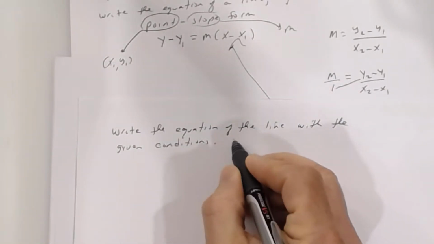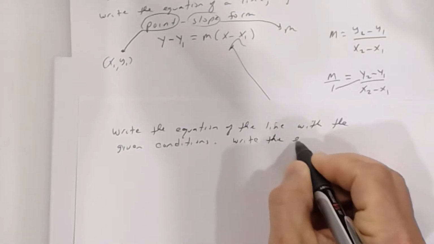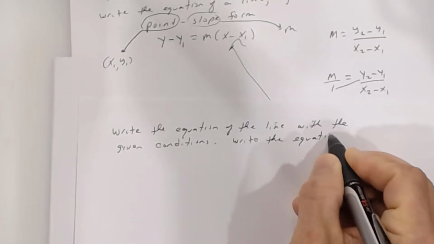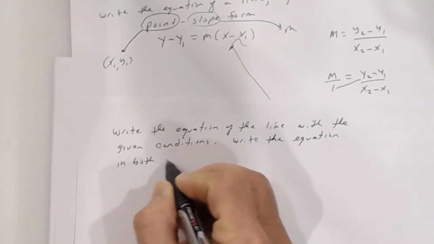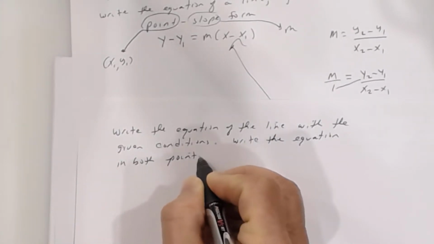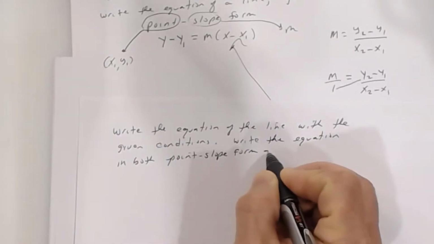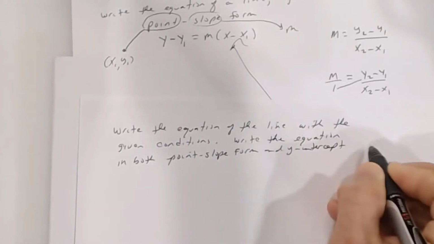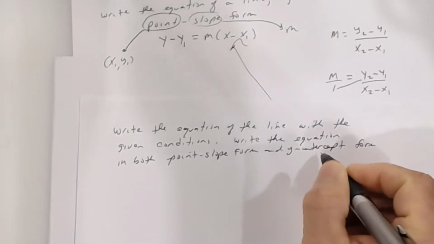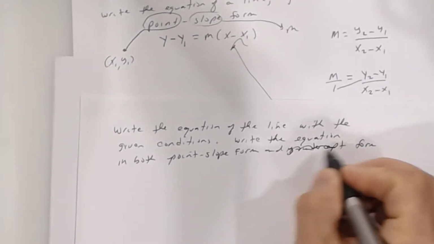Write the equation in both point slope form and slope-intercept form.